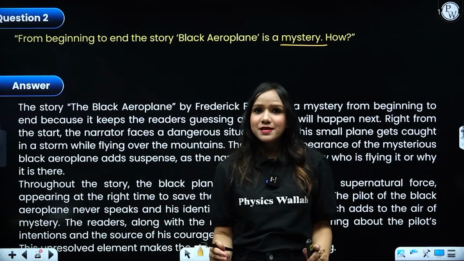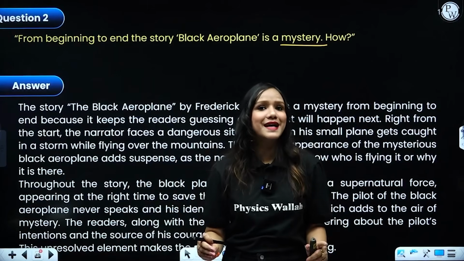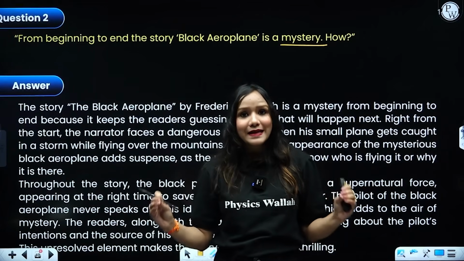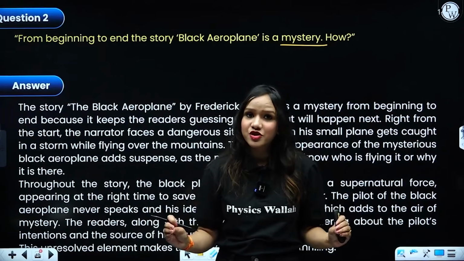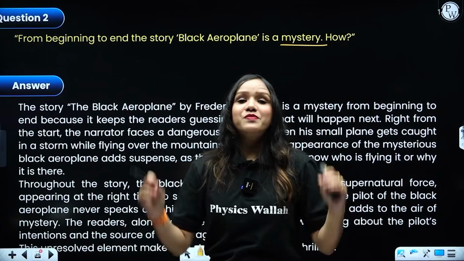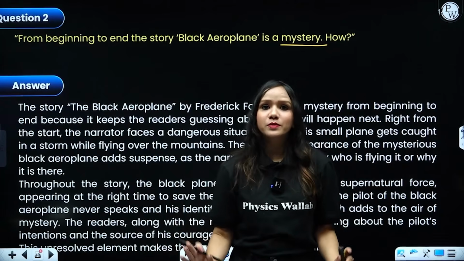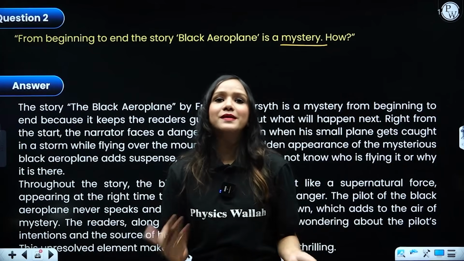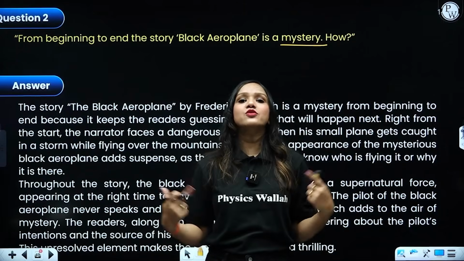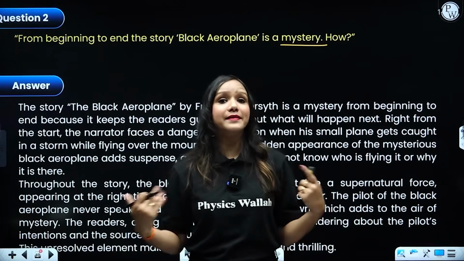You can understand this thing that there was no other plane. It was the pilot's own courage. It was the pilot's own belief, right, that took the shape of a plane, which kept on guiding him throughout in coming out of that stormy weather. That's why I have been telling you this quote again and again, that courage is guided by faith.